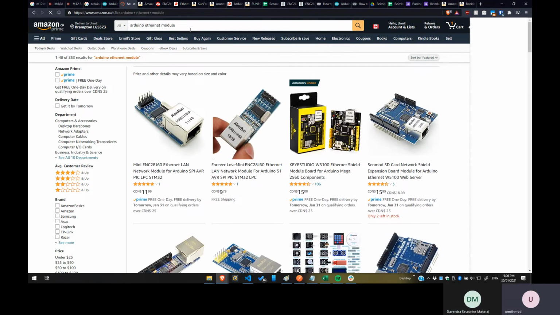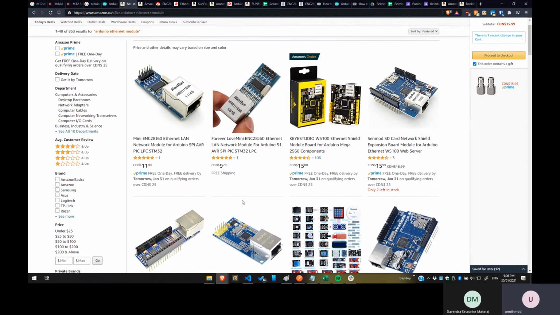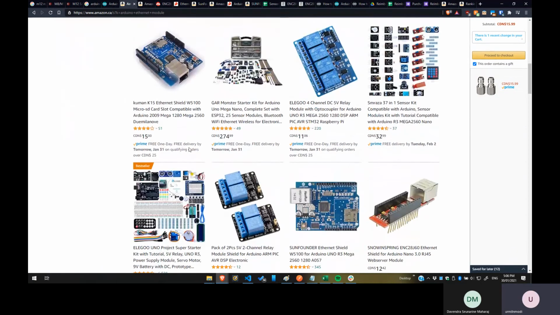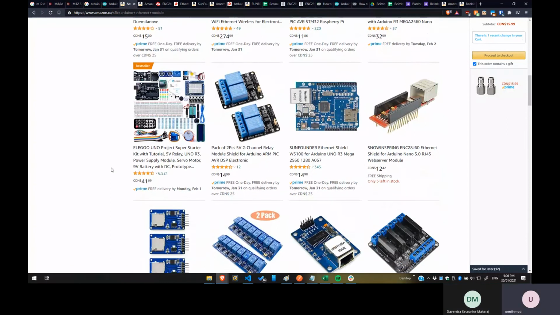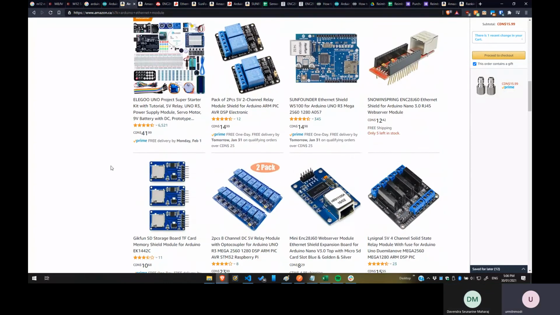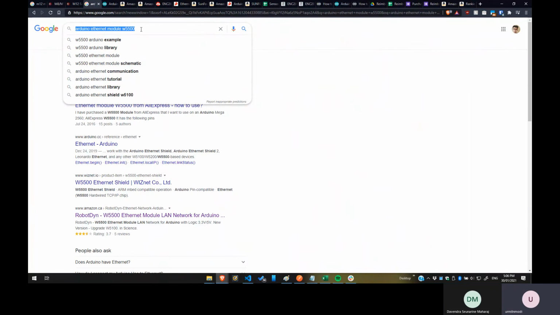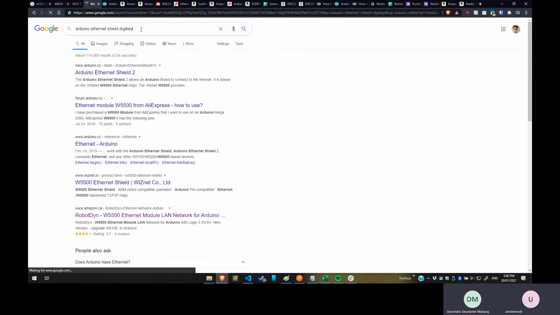Okay. You know what? This doesn't seem to be giving us a reliable enough source. Amazon is kind of useless with this. Okay, let's check DigiKey. So we'll have to order it through Arden.